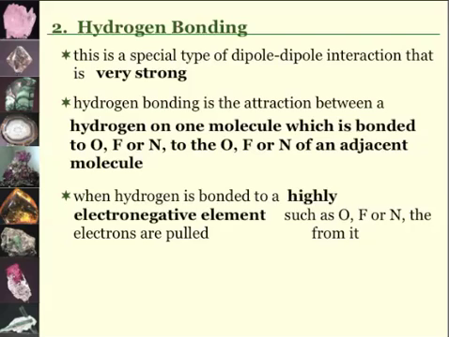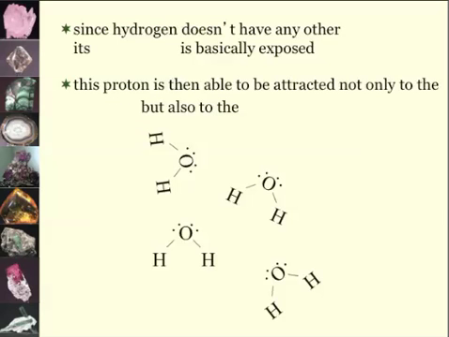Okay, so when a hydrogen is bonded to a highly electronegative element, such as those 3, the electrons are pulled far away from it. So it causes a very positive end. Since hydrogen doesn't have any other electrons, its proton is basically exposed.